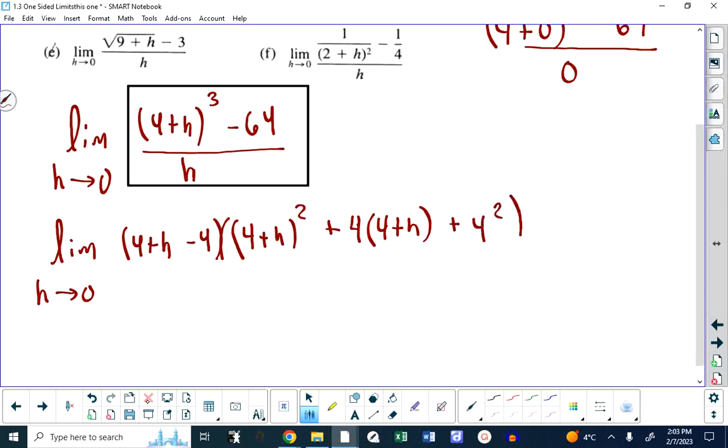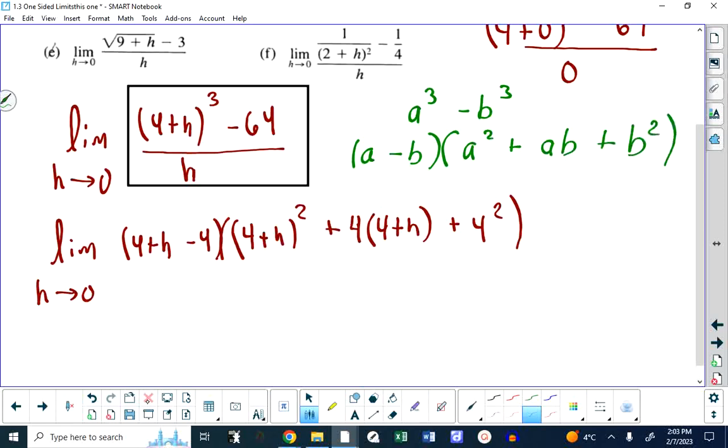Let me highlight exactly what's going on here, because it's hard to see. We have a cubed minus b cubed equals a minus b times a squared plus ab plus b squared. This is our formula for difference of cubes.